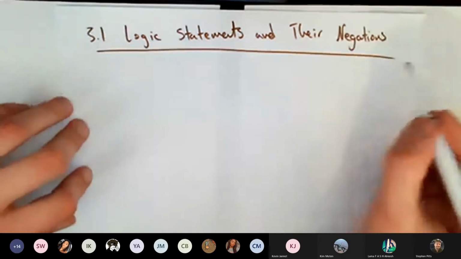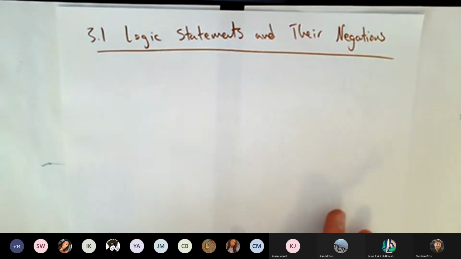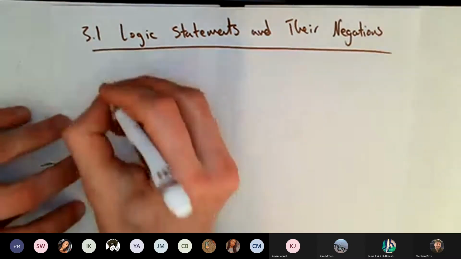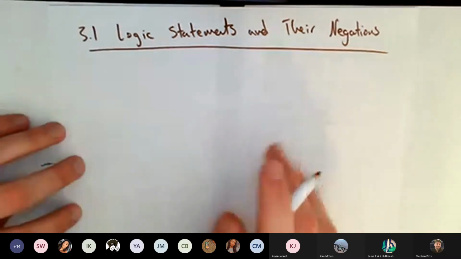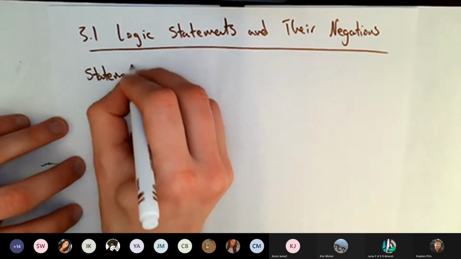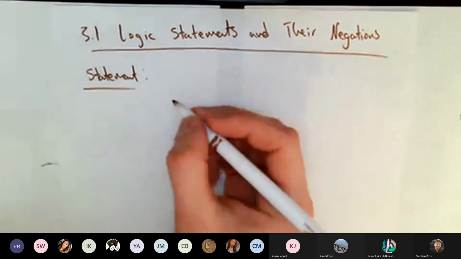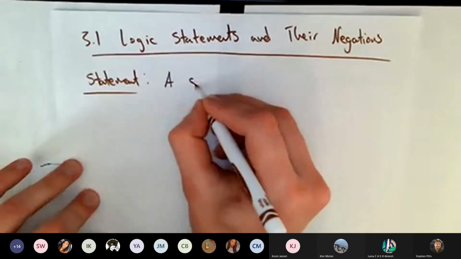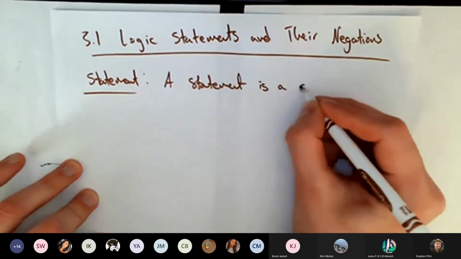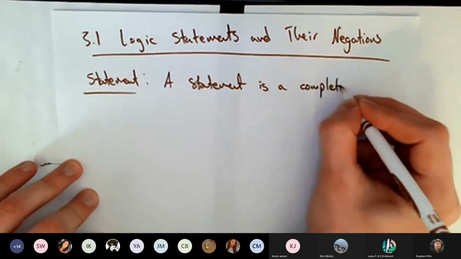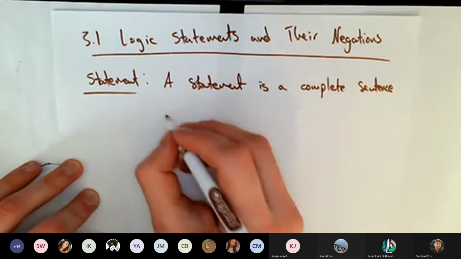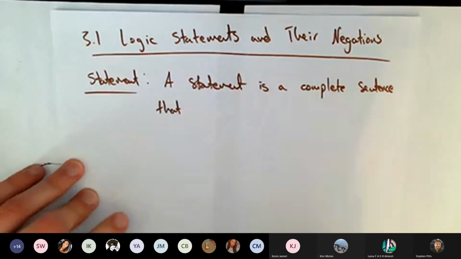Logic statements and their negations. Just gonna give you a definition to think about and then we'll end for today. So a logic statement, or just a statement, is a complete sentence that makes a claim.